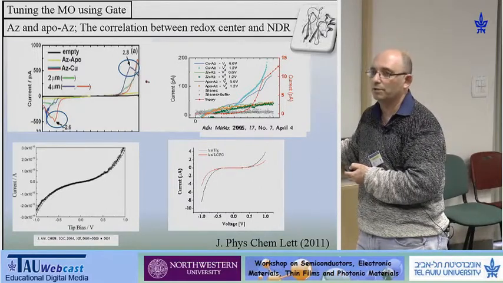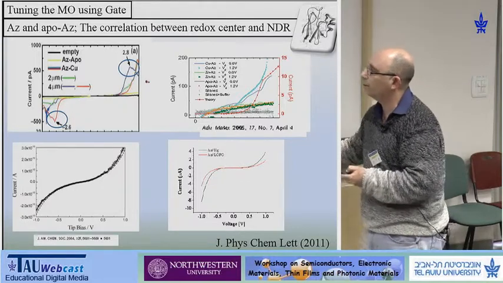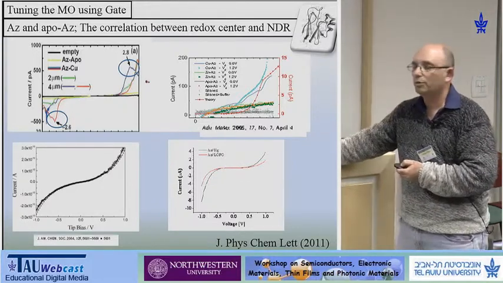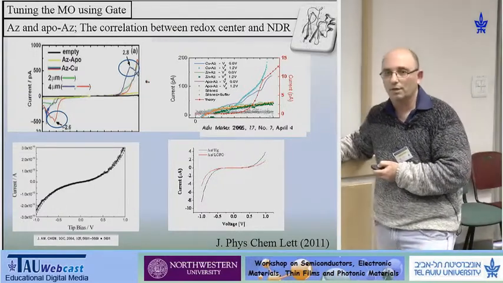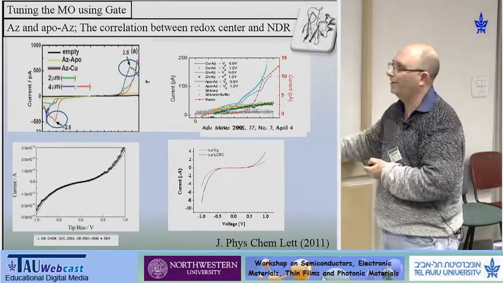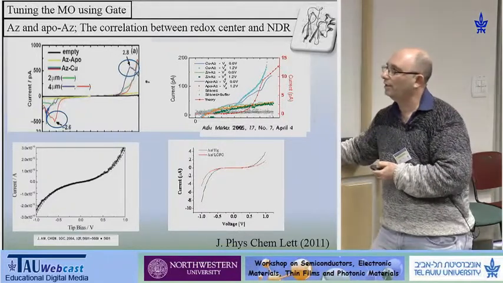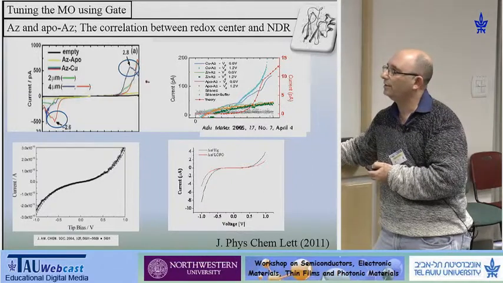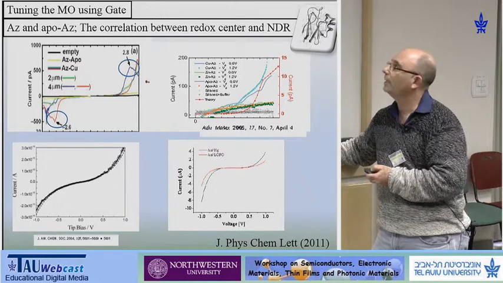Azurin is a redox-based protein, and you can see that the IV characteristics that we're taking from several groups show different properties. This is quite disturbing, but not surprising, because each group tries to induce its own devices and its own methods, so you see a large mess in the literature.